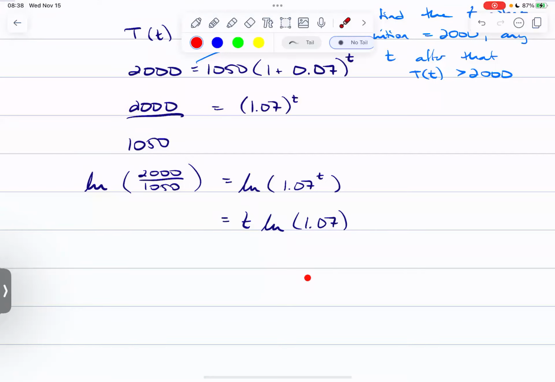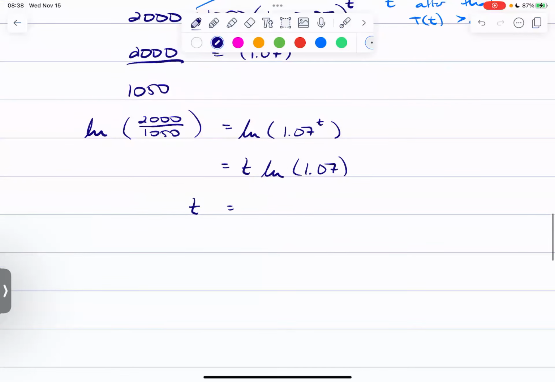Rude, I know. So t equals the natural log of 2000 divided by 1050, divided by the natural log of 1.07. See, it's not so bad. I like to have what I'm solving for on the left-hand side, everything else on the right.